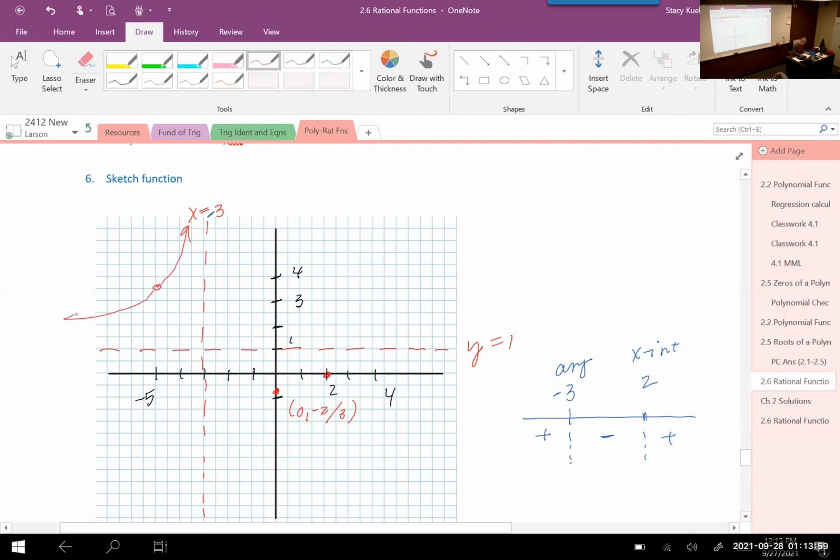So it looks like this. I can see that from the graph. It's above the x-axis. Now I have negative values up to +2, and then the function turns positive. It looks something like that.